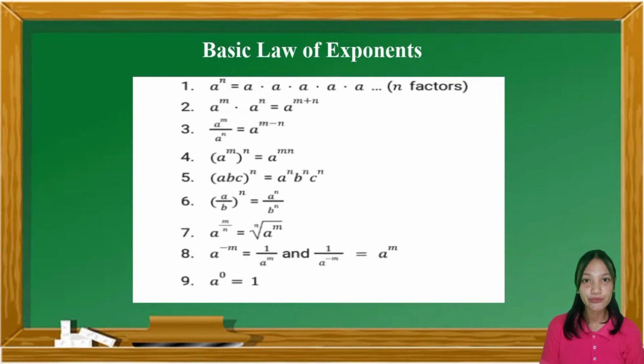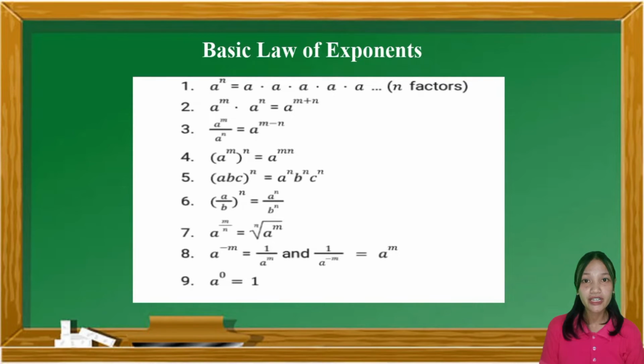Next, the basic law of exponent is represented as a^m multiplied by a^n is equal to the base raised to the sum of the exponents. For example, 2^3 multiplied by 2^4 is equal to 2^7, or 128.